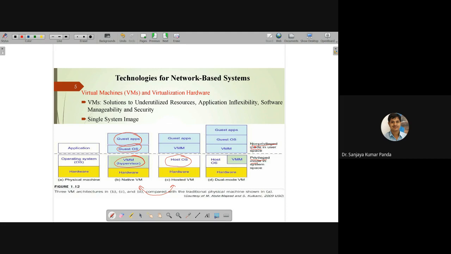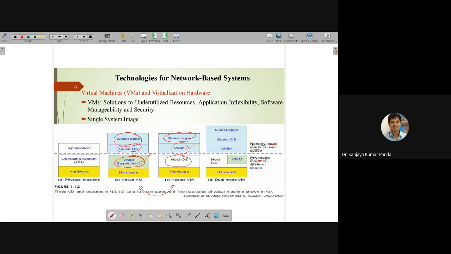Another difference is that here the VMM is running in privileged mode, but here the VMM is running in non-privileged mode. On top of the VMM, you can install guest operating systems or guest applications, but the VMM is on top of the host operating system. If a host operating system is there to launch the guest operating system with the help of the VMM, we call that a hosted virtual machine. But if there is no need of any host operating system, then we call that a native virtual machine.